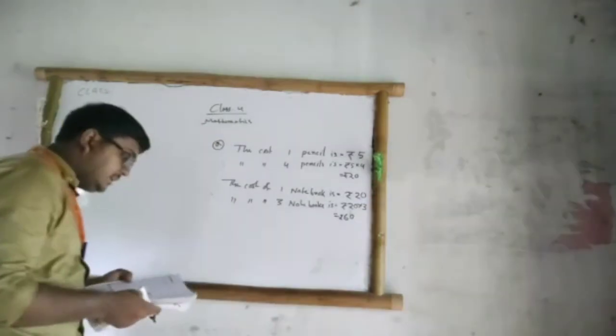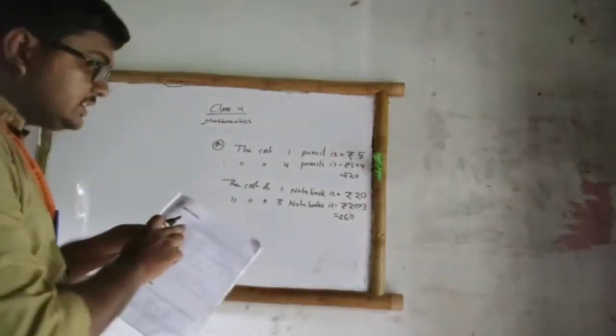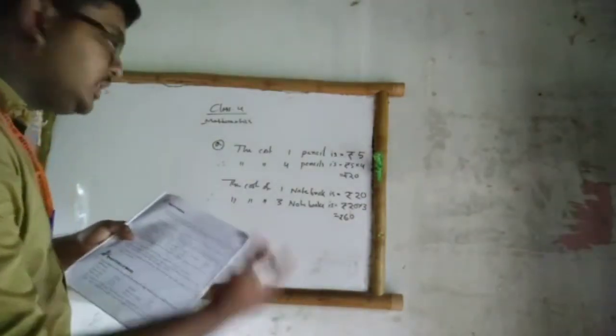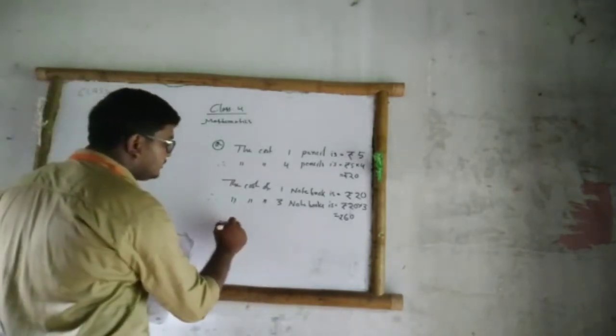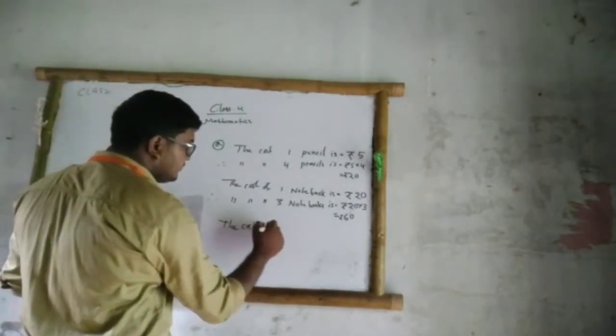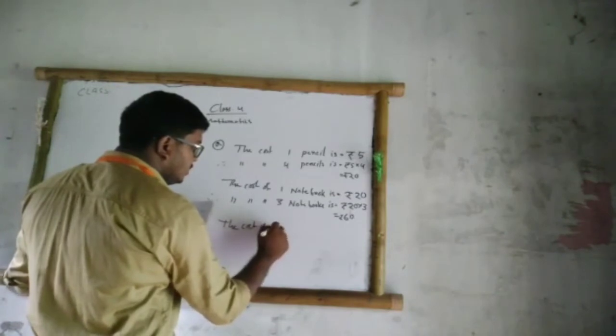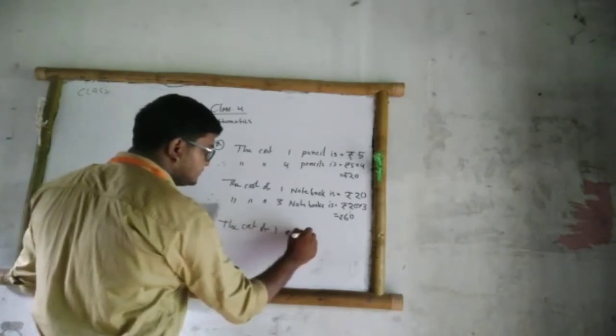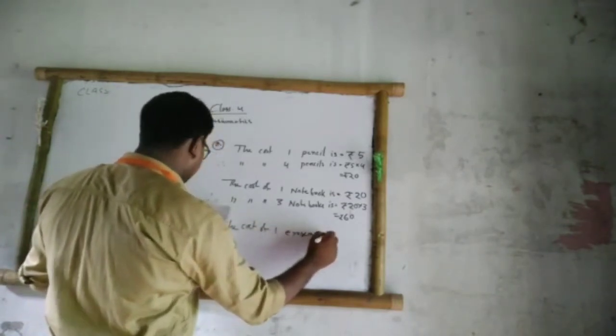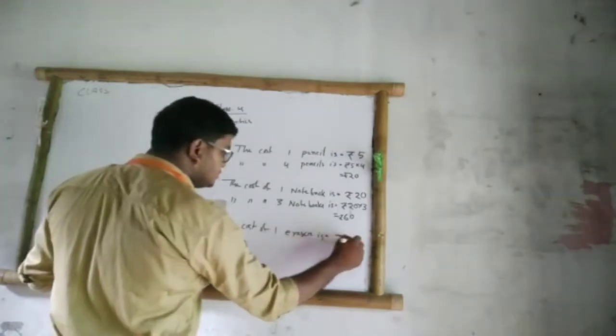Then the last part. Sima bought 2 erasers for rupees 2 each. So the cost of one eraser is equal to rupees 2.